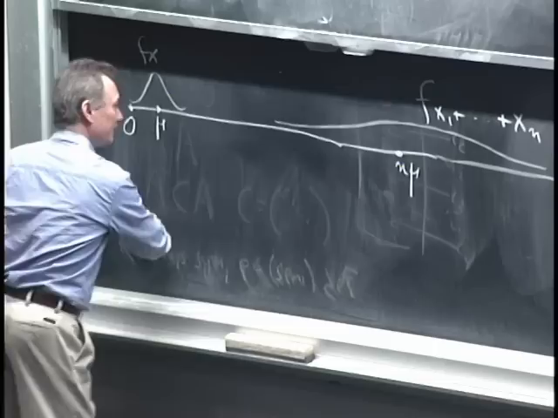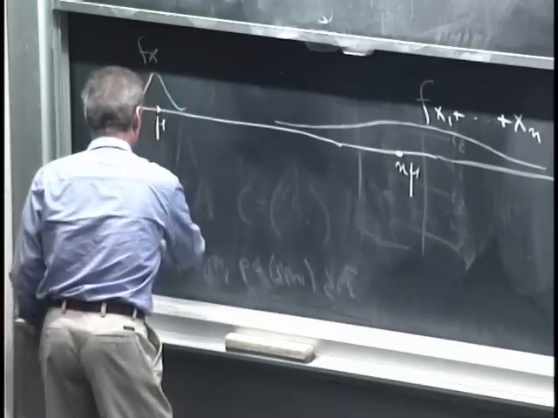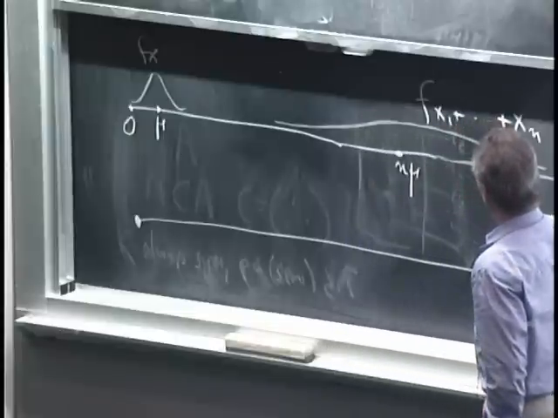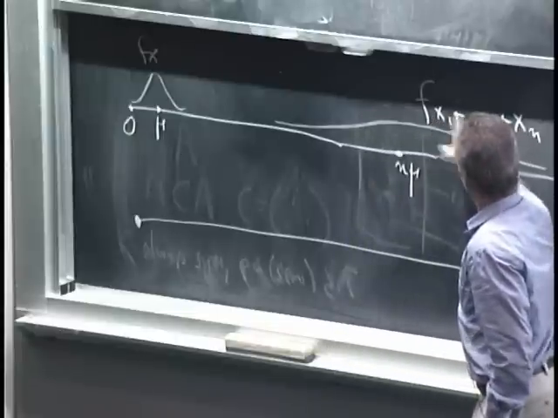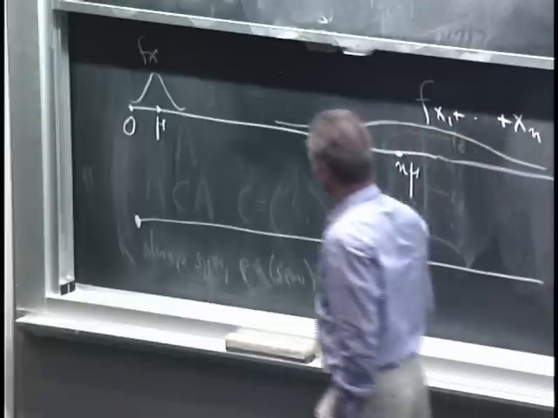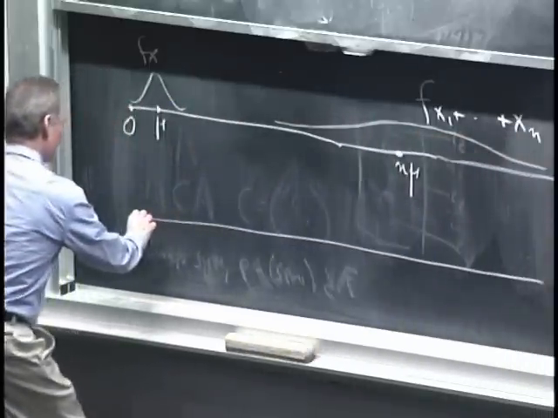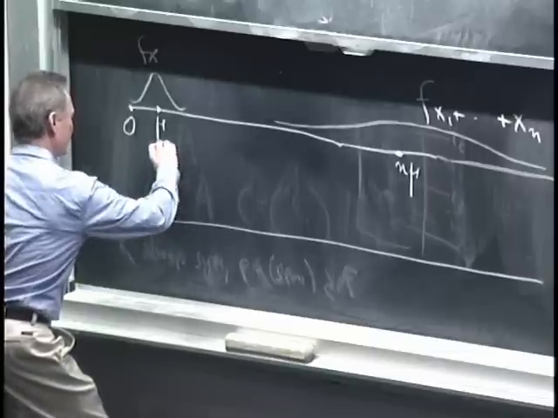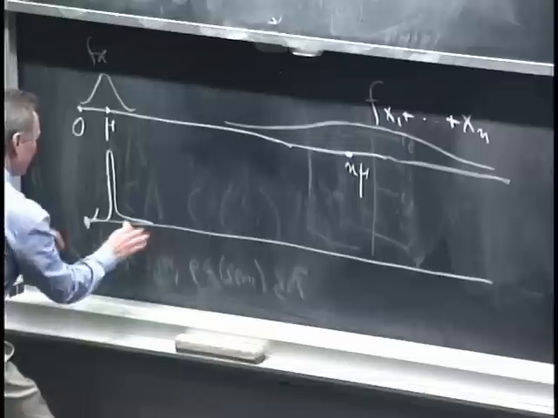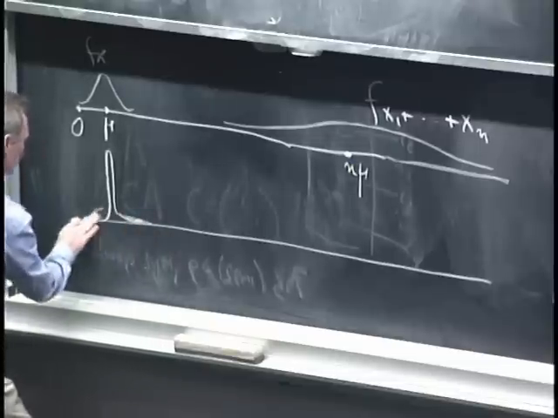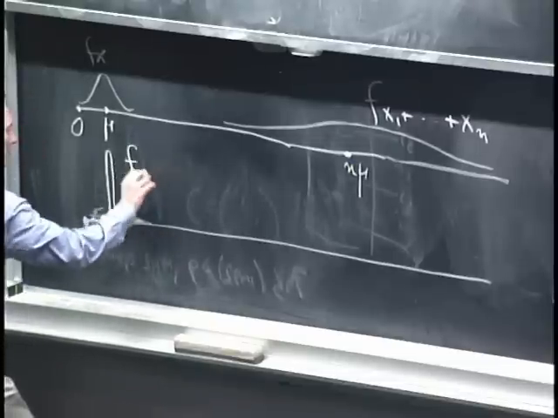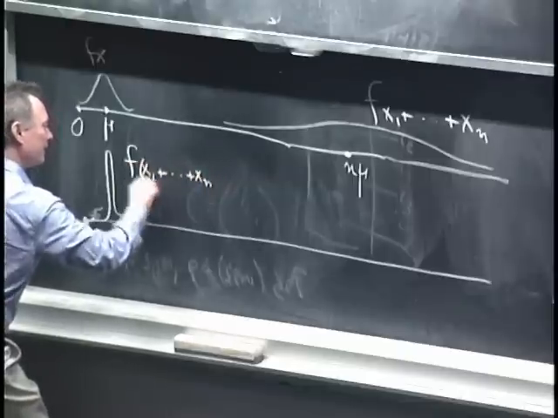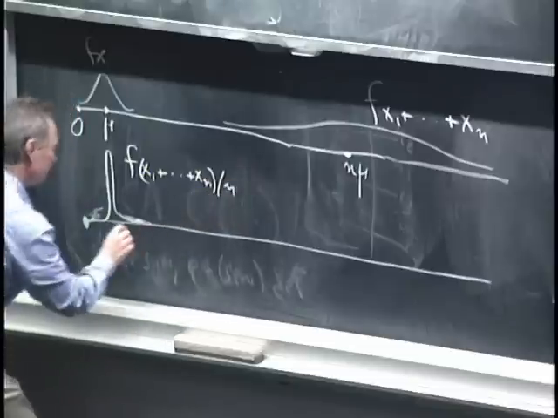Well, we studied a different scaling. We studied a scaled version of this quantity when we looked at the weak law of large numbers. In the weak law of large numbers, we take this random variable and divide it by n. And what the weak law tells us is that we're going to get a distribution that's very highly concentrated around the true mean, which is mu. So this here would be the density of x1 plus xn divided by n.